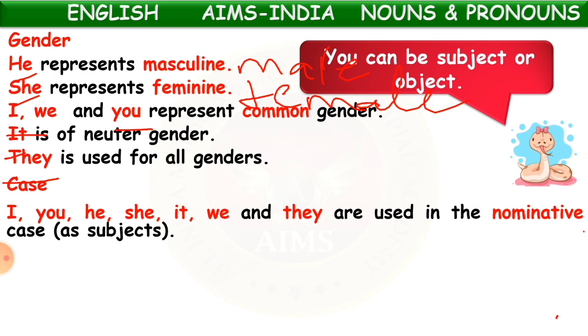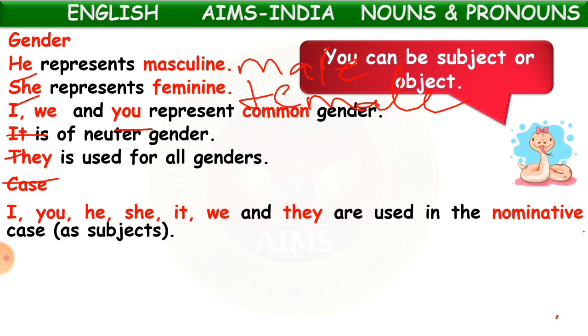So what are the nominative cases? That is subjects. For nouns also, what did we learn, children? I am just revising once again. When the noun is a subject for the verb, it is in the nominative case. When the noun is an object for the verb, it is in the accusative case.